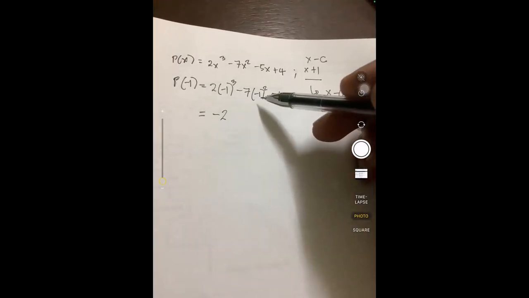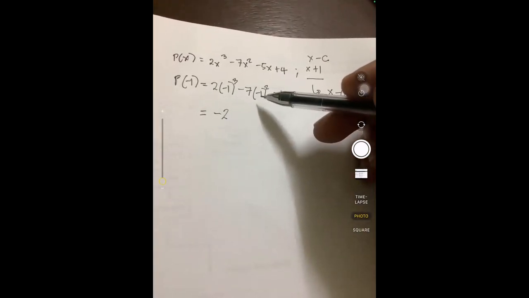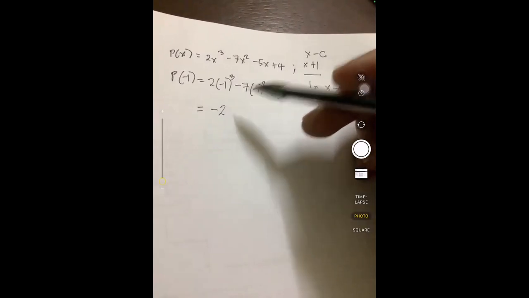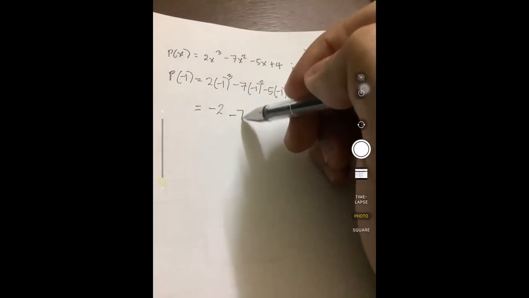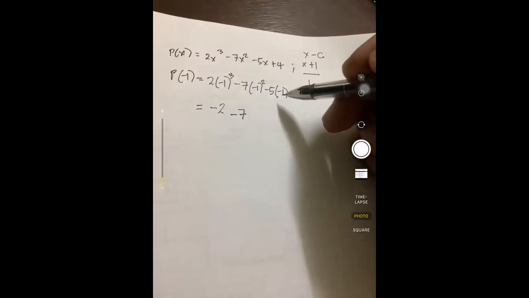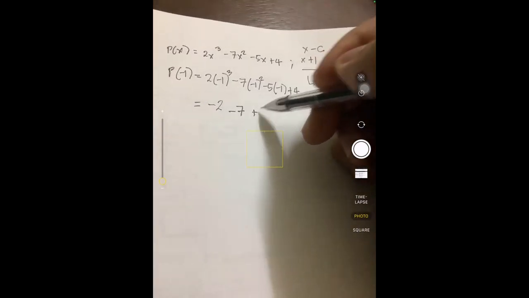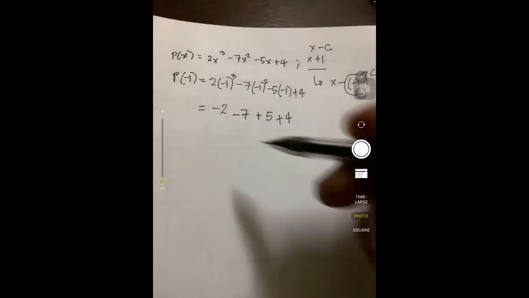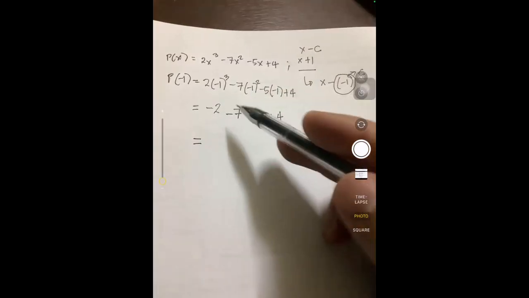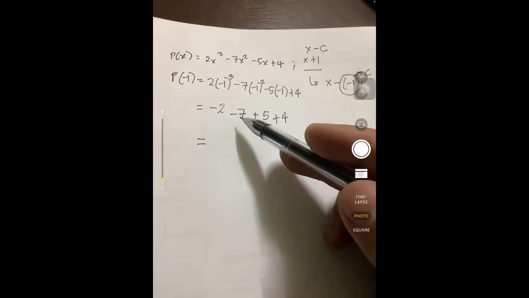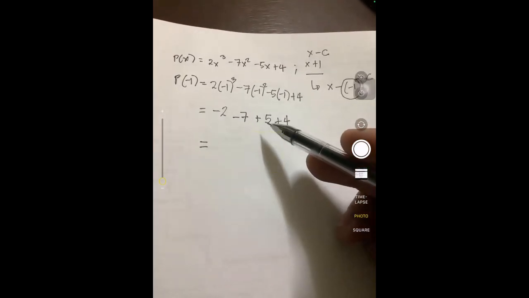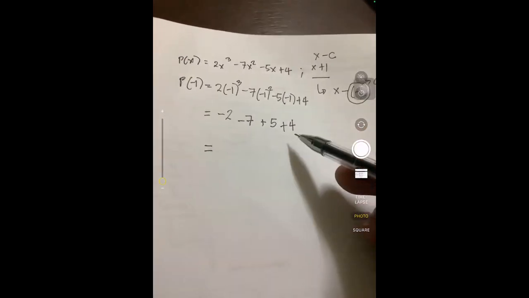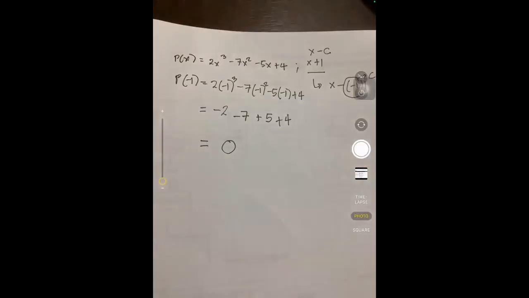Then negative 1 squared is positive 1, minus 7, you have negative 7. Negative 5 times negative 1 is actually positive 5. Then I have here positive 4. So negative 2 minus 7, you have negative 9. Plus 5, you have negative 4. Plus 4, the result is equal to 0.